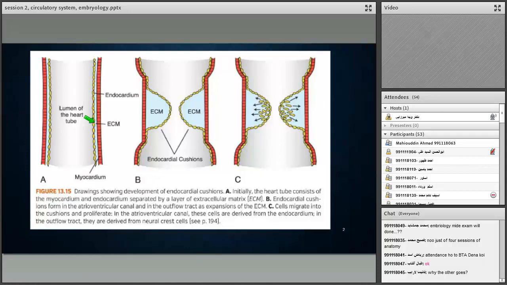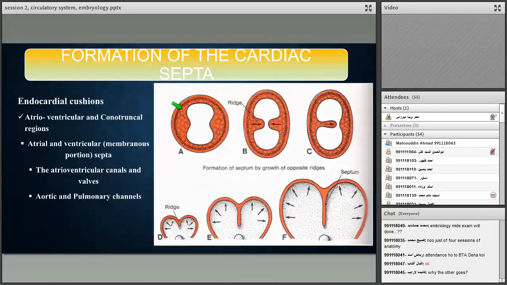So, by the synthesis and deposition of the extracellular matrix, these endocardial cushions are forming, and they are proliferating and migrating to the side of each other or to the other side, and then they are dividing the lumen into two parts.